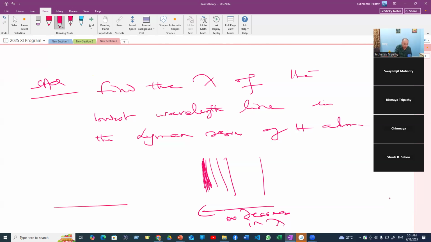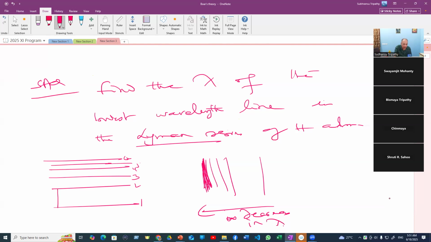As I showed you earlier, this is the energy profile diagram: 1, 2, 3, 4, 5, 6. Supposing we're talking about the Lyman series, 2 to 1 is the first line, 3 to 1 the second line, 4 to 1 the third line, 5 to 1, and infinity to 1. The transition energy becomes close to each other as you go to higher and higher shells.